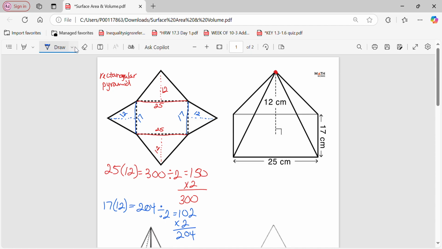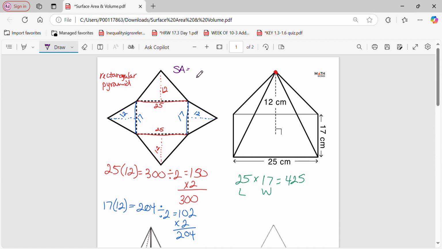Now I need to find the area of my rectangle, so I'm going to multiply my length, which is 25, times my width, which is 17, and the area of my rectangle is 425. To find my total surface area, I'm going to add all of these together.